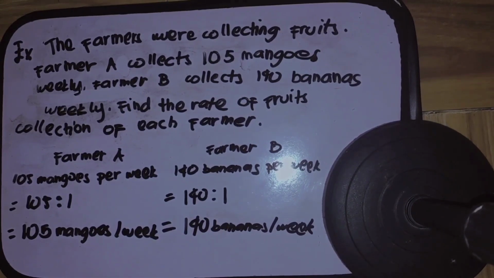So, Farmer A can collect 105 mangoes per week, while Farmer B can collect 140 bananas per week.